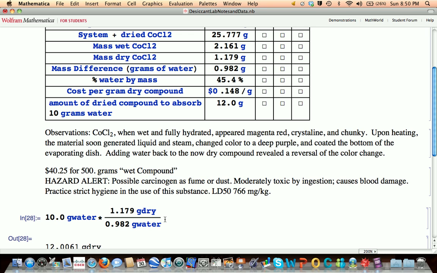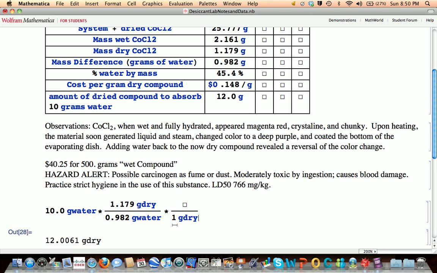So if I just decide to insert another multiplication, control slash, I know that for every 1 gram, oops, I did that backwards. For every 1 gram of the dry compound, we had written down that it's going to cost us, actually, it doesn't like the dollar sign very much, right? So $0.148.